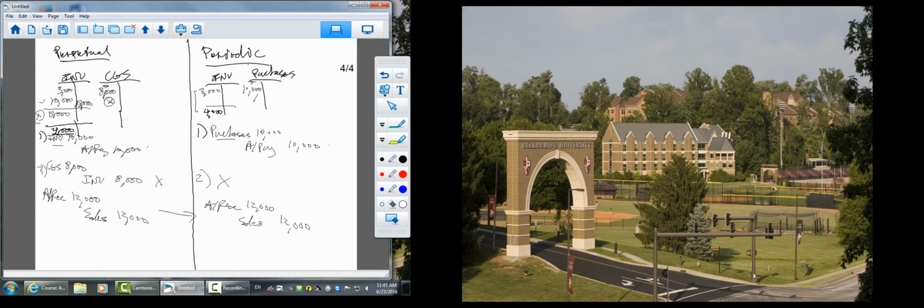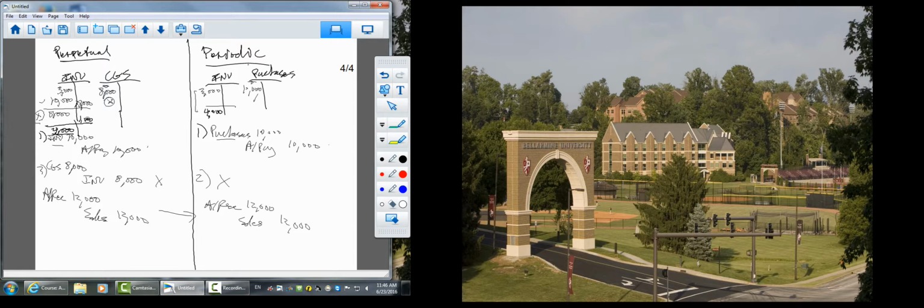I need a journal entry now. Notice we didn't make any journal entries on perpetual. If it came up perfect, we need one now, don't we? What do we need to do? I need inventory to be what? In fact, I need one here. I need 1,000 out of here, right, guys? If I'm going to take 1,000 out of here, I would have to do what? Credit inventory for 1,000.